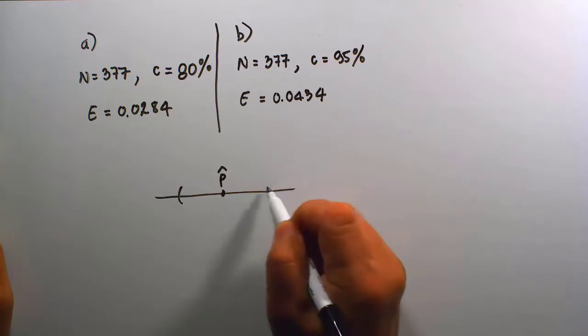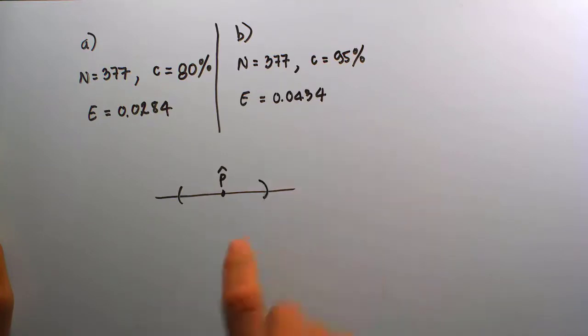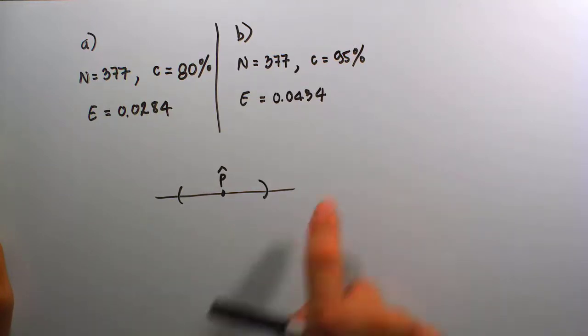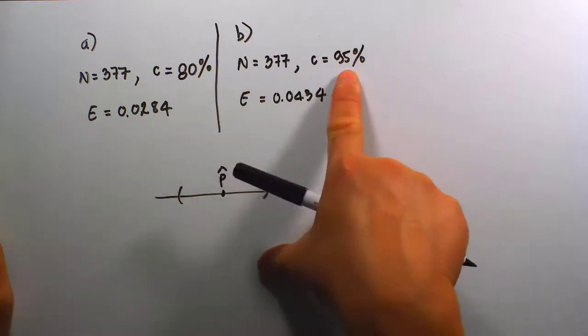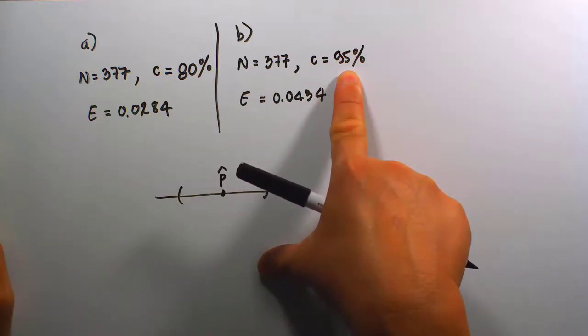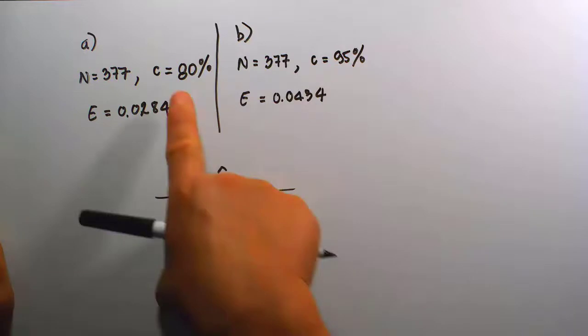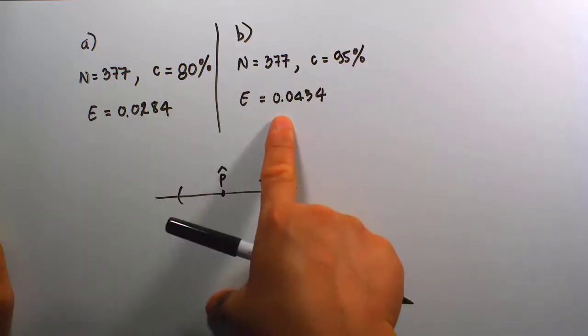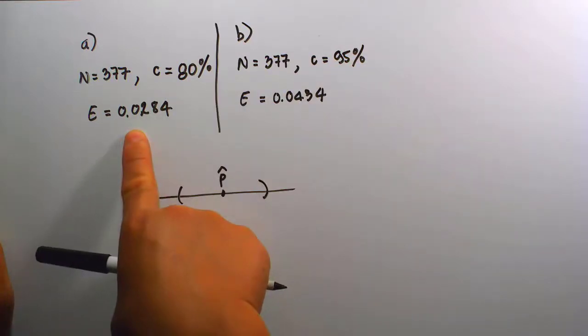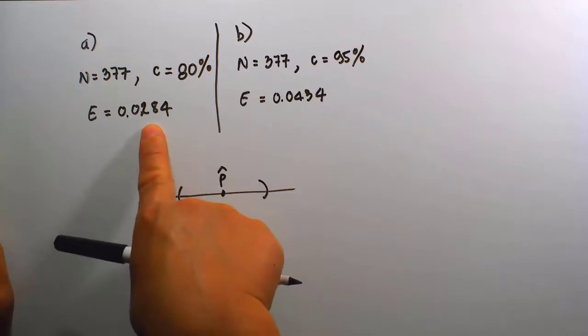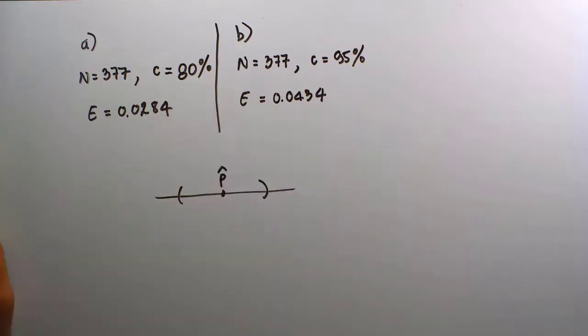So margin of error is a little bit of space around it. So notice that if we increased the confidence level, then the margin of error became larger compared to the margin of error when it was a lower confidence level.